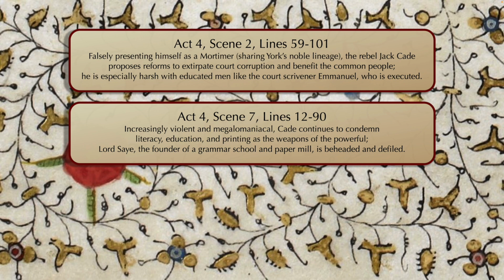And Cade and his group are deeply opposed to this. Lord Say is the founder of a grammar school and a paper mill. And for this, and for being able to speak French, he is beheaded. And then Cade defiles him, making these severed heads kiss at the top of their poles.